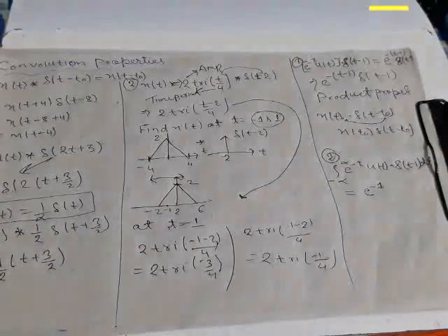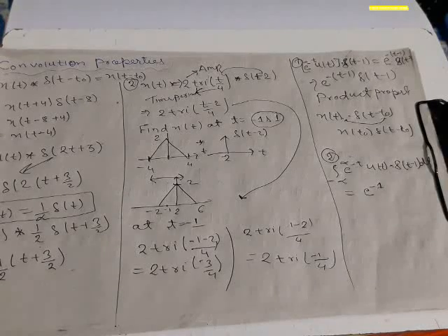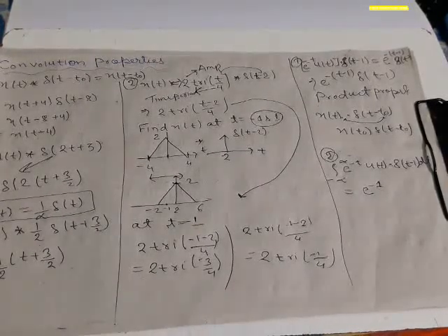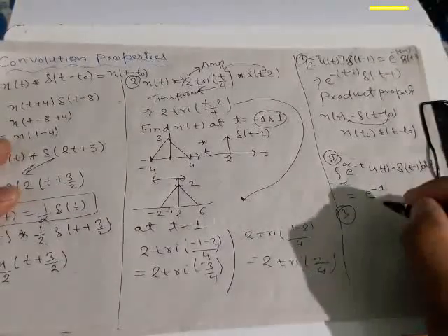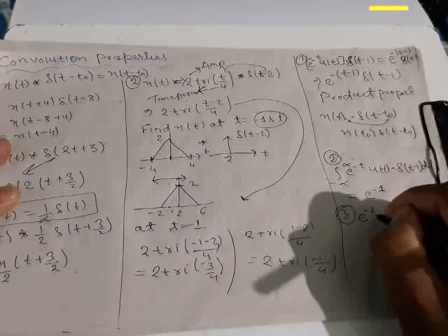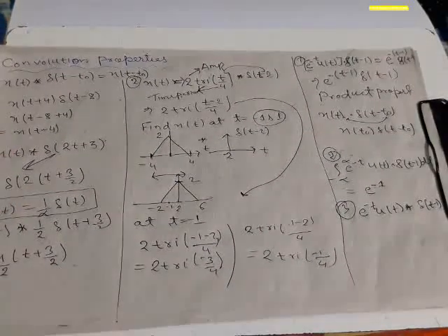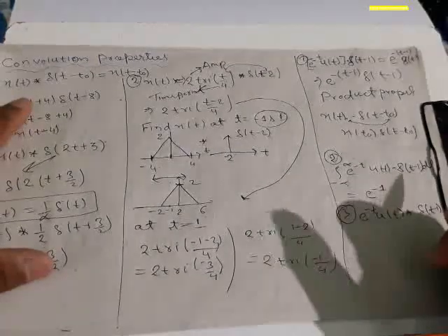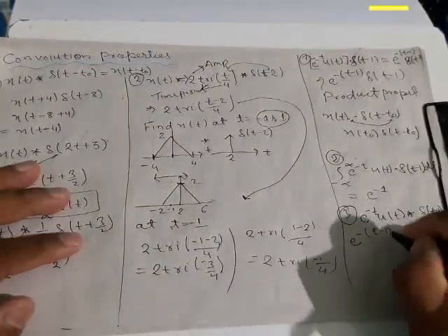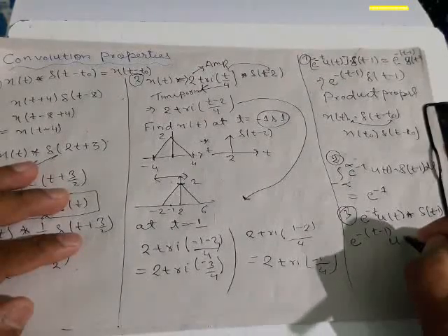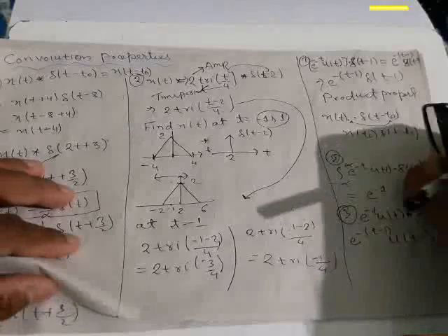Now dx of t by dt is what? Delta of t minus 3 minus delta of t minus 5. And h of t is exponential minus 3t into u of t, it is given like this.